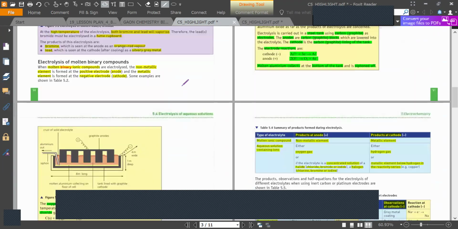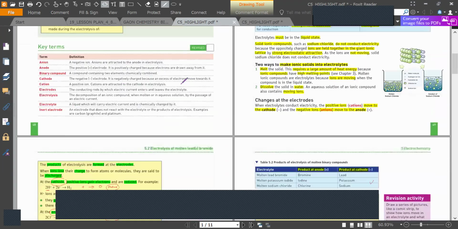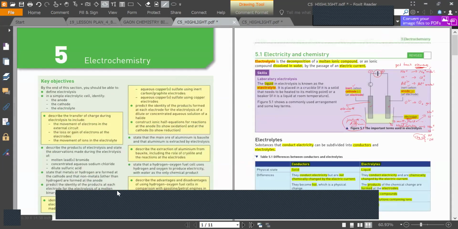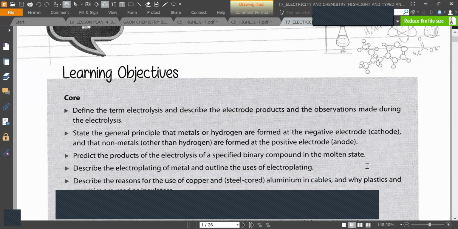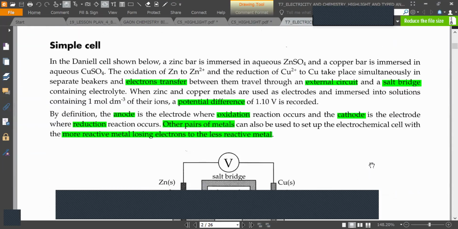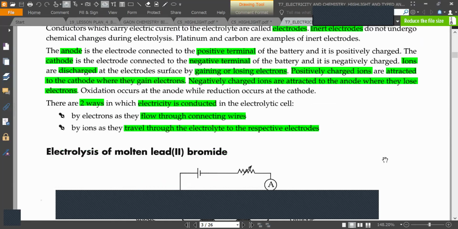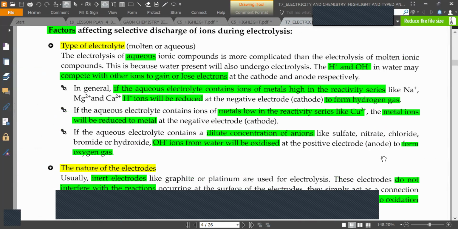It's not really in the notes. It's not too important, but I can explain now. This is another set of notes that is a little bit more detailed. Let me find it.